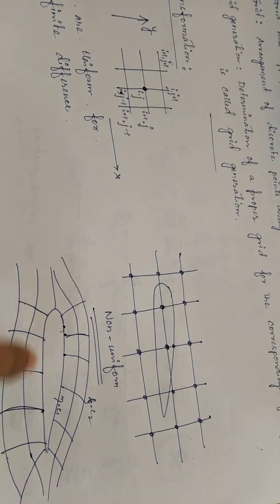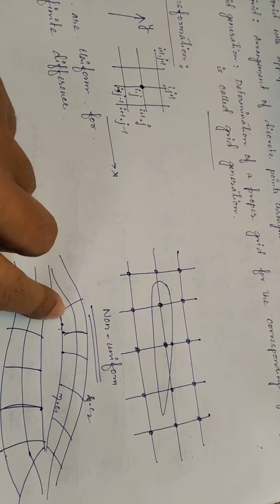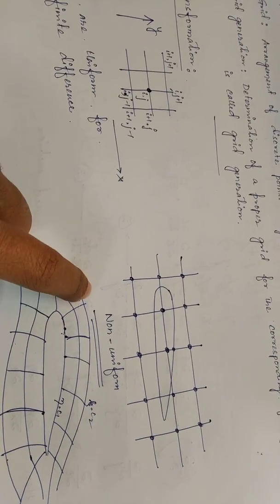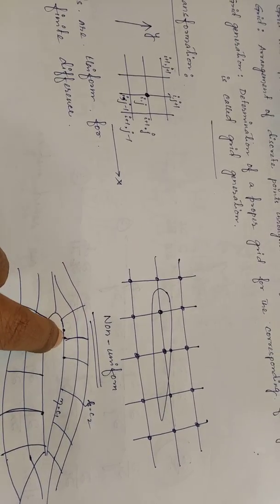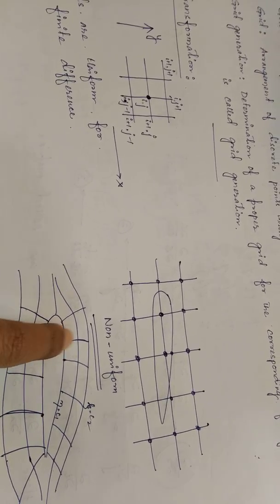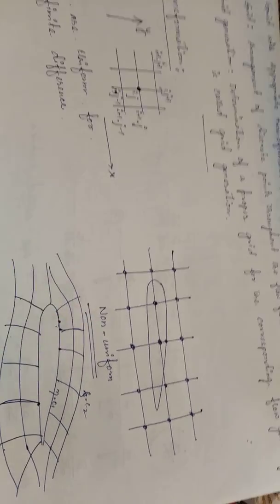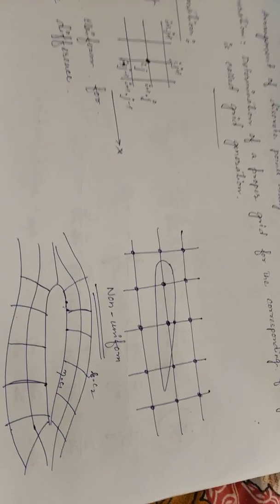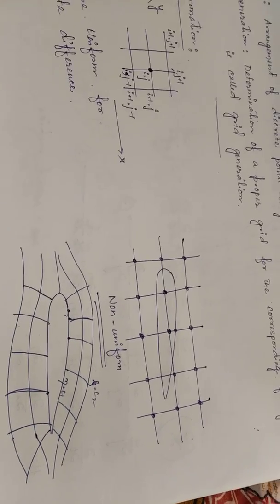Here the grids are defined. Grids means points. If you know the value of the fluid property at this point, you can find it at this one, and at this one. Similarly, if you know the value at this point, you can find this one and this one. But this particular grid is not uniform. It is a non-uniform grid.